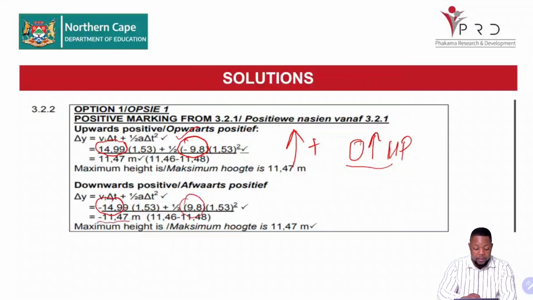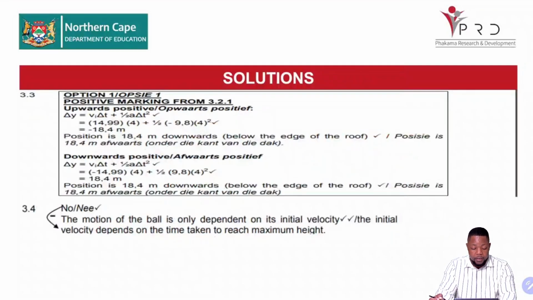So we get the maximum height here. Now, should you get your maximum height as a negative, you need to rewrite it as a positive. That is very, very important. And then the last question, we were calculating the position after 4 seconds.